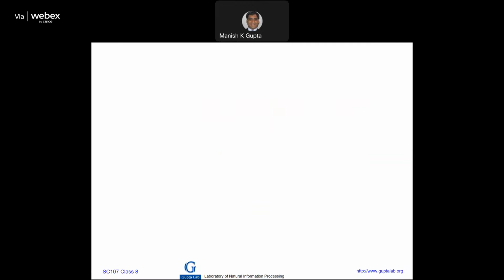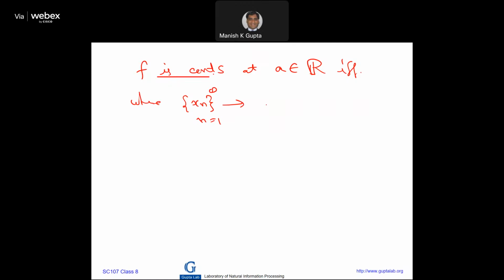The result says that a function f is continuous at a point A on the real line if and only if whenever there is a sequence xn, n equal to 1 to infinity, which converges towards A, then the sequence f of xn also converges towards f of A. One can prove it, but even if you don't prove it, it's okay for the moment.